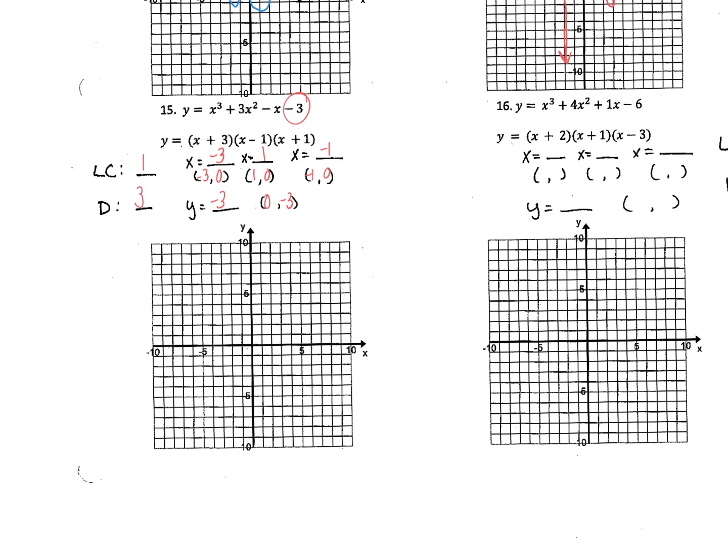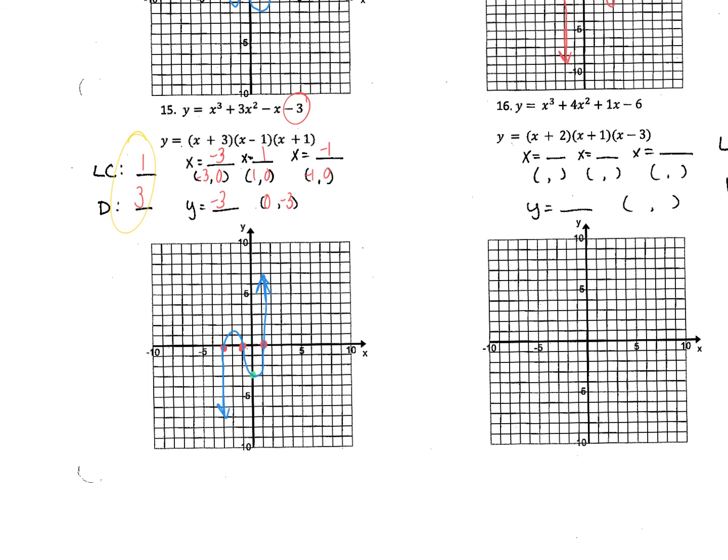From there, I'm going to plot my points: (-3, 0), (-1, 0), (1, 0), and a y-intercept of (0, -3). When I have a positive leading coefficient and an odd degree, my first arrow is down and my last arrow is up. And from there, I'm just going to attach my lines.